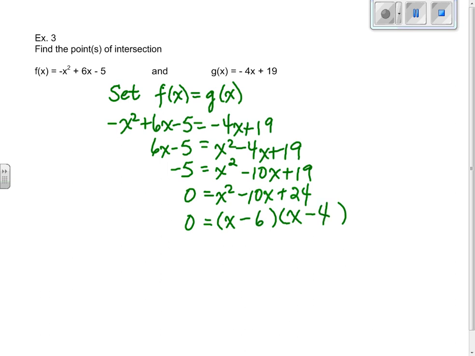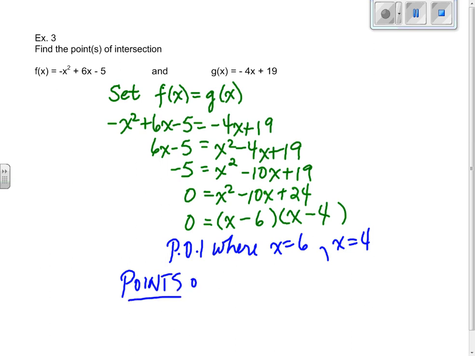So since this was so nicely factorable, I have two places where there are points of intersection, where x is 6 and where x is 4. But those aren't points. Those are just places where. So for points of intersection, I know that one of them has an x value of 6.